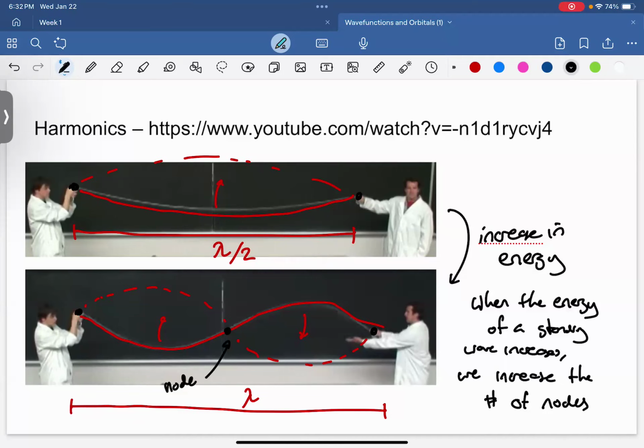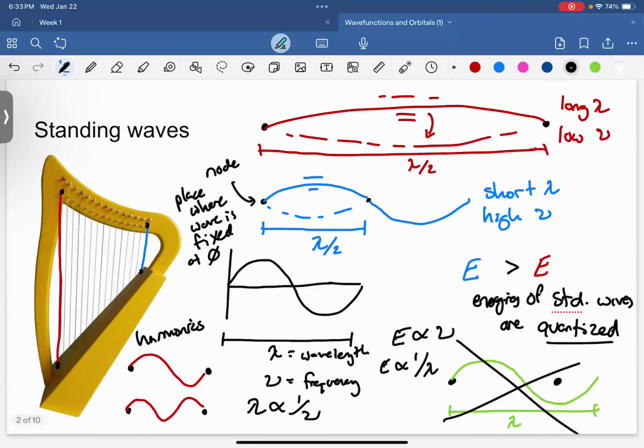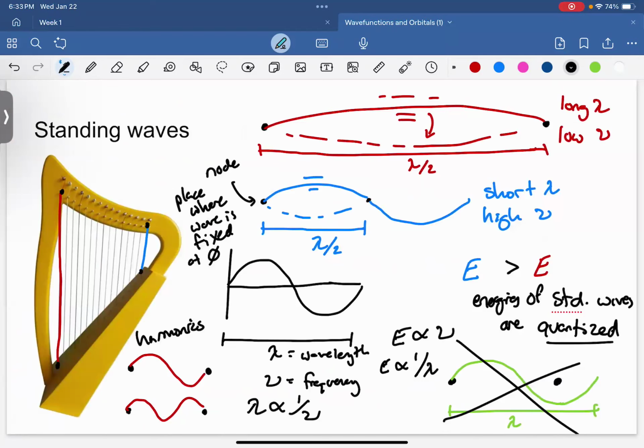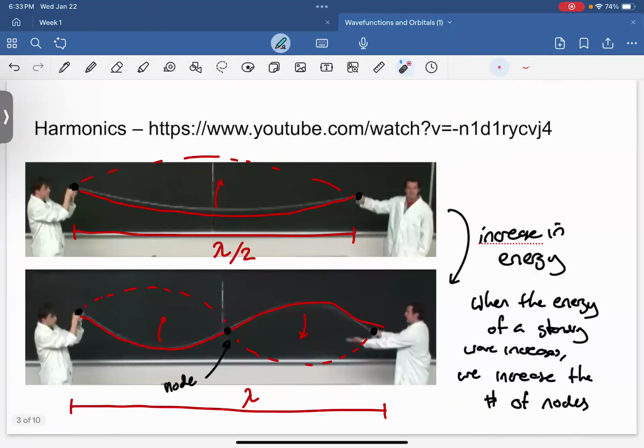Or one way of doing that is to increase the number of nodes. Another way to do that is just to shorten the distance between nodes, but we'll see when we get to atoms, we don't really have these endpoints to worry about. So the most direct way to increase the energy of electrons in atoms is by adding nodes.